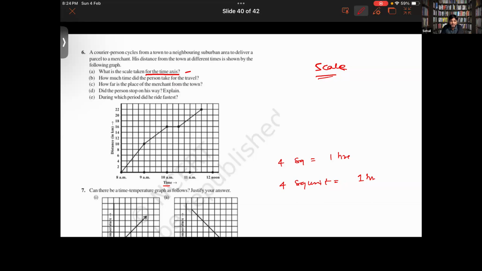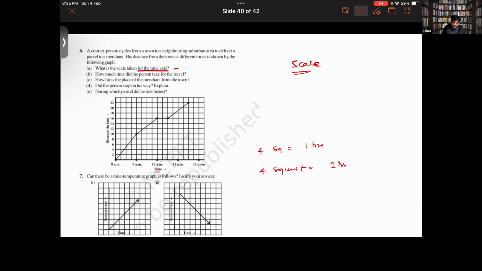Correct. How is it so? Because just count the given time period here, no? How is 3.5 the answer here? The answer Arham is getting is 3.5 hours. Second question is asking how much time did the person take for the travel?